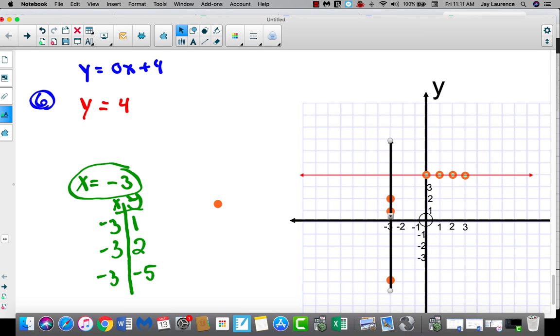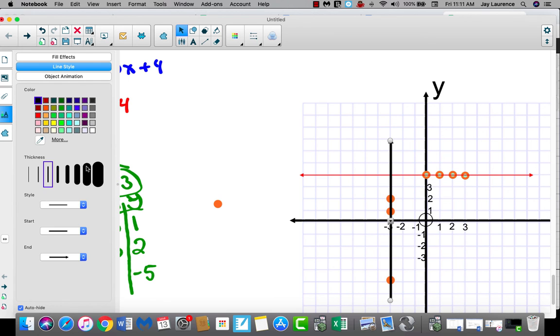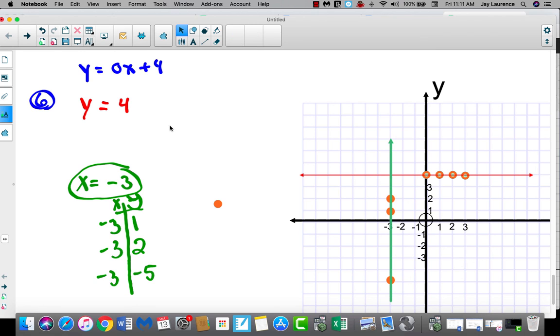If you know the equation, it's that number. If it's at x equals 7, the x-coordinate of every point would be 7: 7, 1; 7, 7; 7, -13, whatever. On the horizontal one, the y-coordinate of every single point is 4: 0, 4; 1, 4; 2, 4; 3, 4. Look at the equation: y equals 4. It has to be that way.